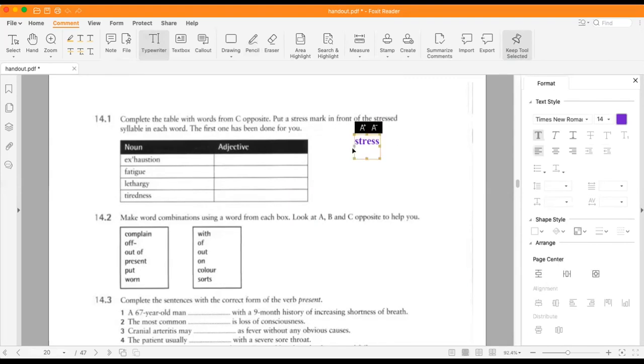Stress or stressed syllable, they affect the pronunciation, all right? Like, for example, what is the difference between comment, the verb, and comment, the noun?